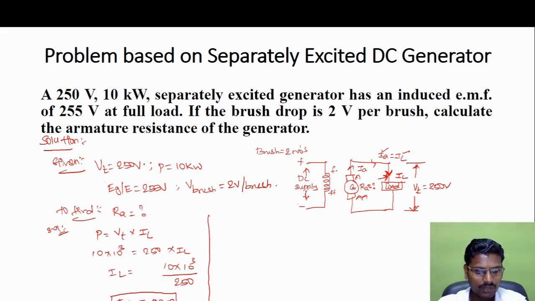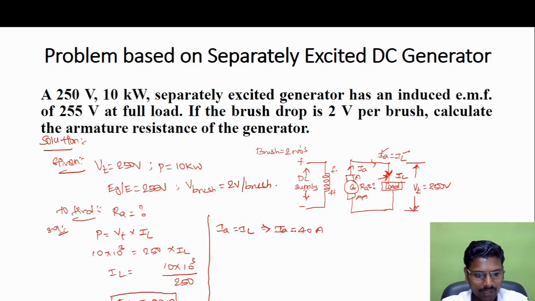Next we need to find the value of IA, where IA is equal to IL from the diagram. So IA is also equal to 40 amps.